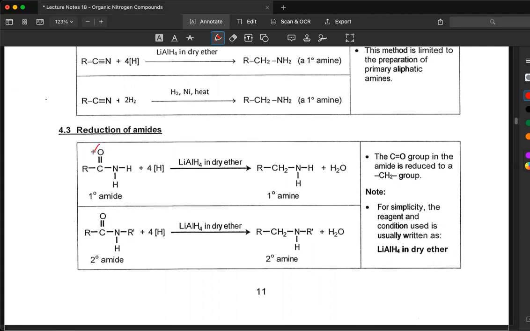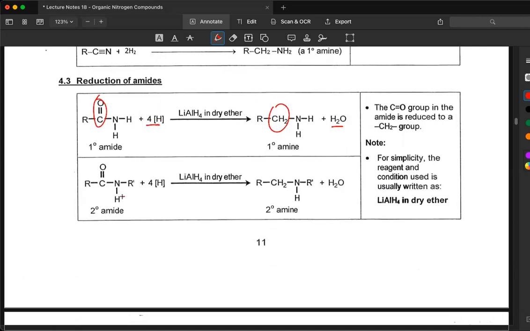So the C=O group will be reduced to CH2. For simplicity, the reagent condition is usually written as LiAlH4 in dry ether. So just put 4H here will do, then form water. So 2H come here, the 1 O comes out, and forms water with the remaining 2H.